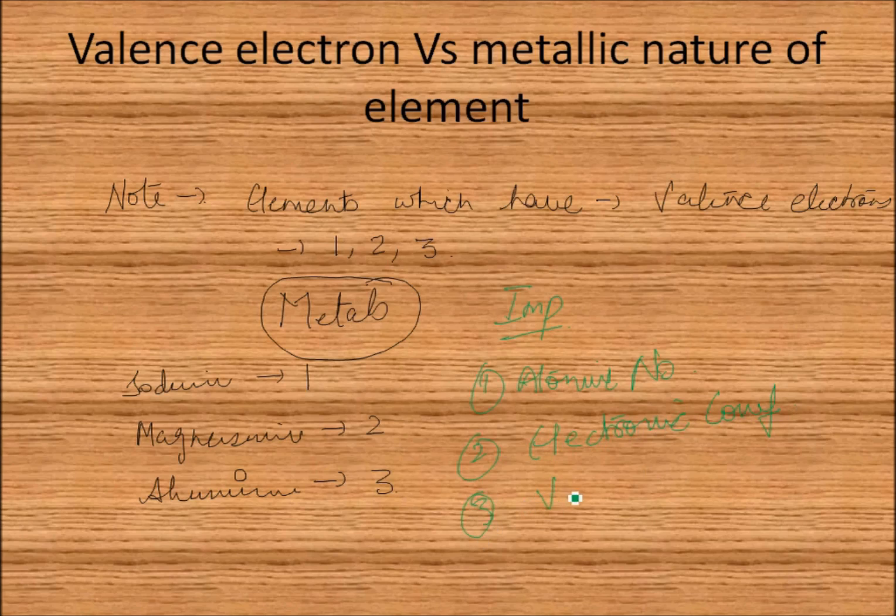Third, let's know the valence electrons. Then know, is it 1, 2, 3? If yes, then it's a metal, right?